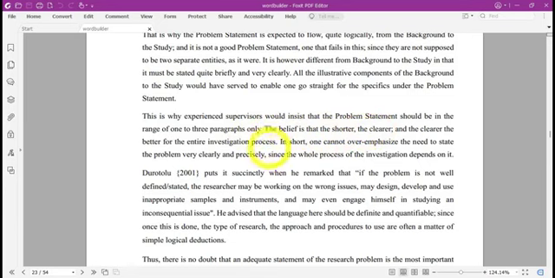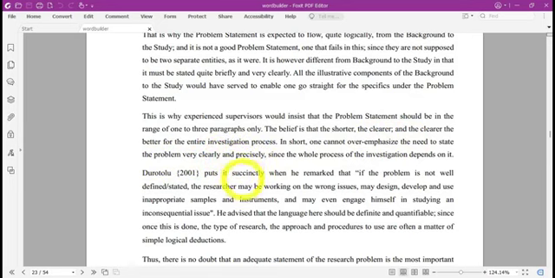The shorter the clearer. No need of writing long stories. Brief and to the point. So the belief is that the shorter the clearer, and the clearer the better for the entire investigation process. In short, one cannot overemphasize the need to state the problem very clearly and precisely.